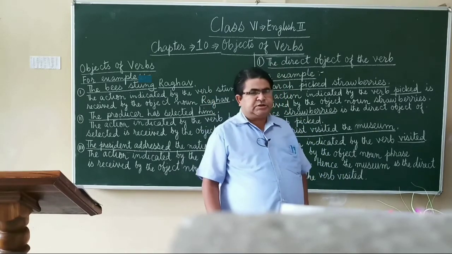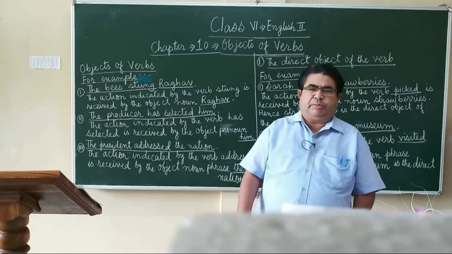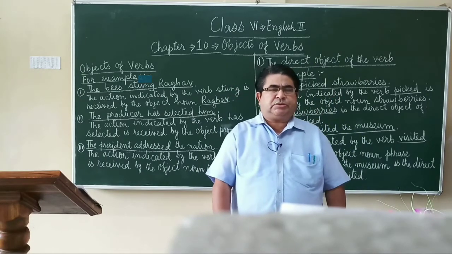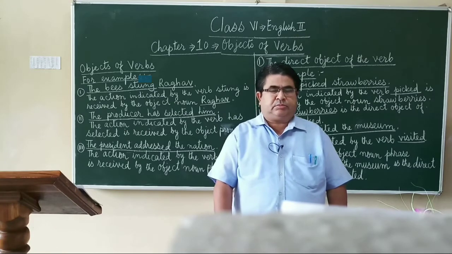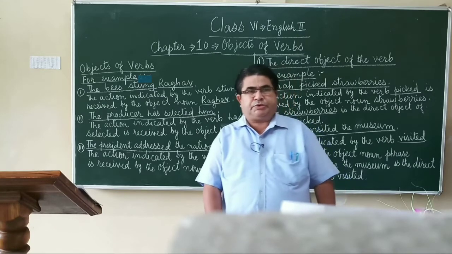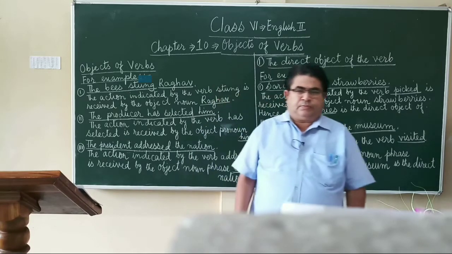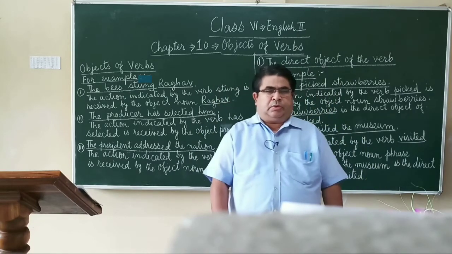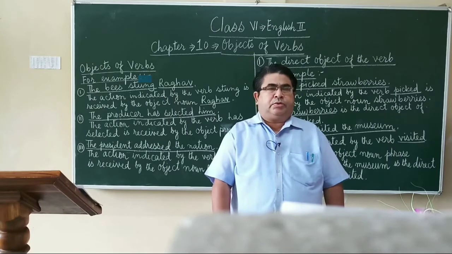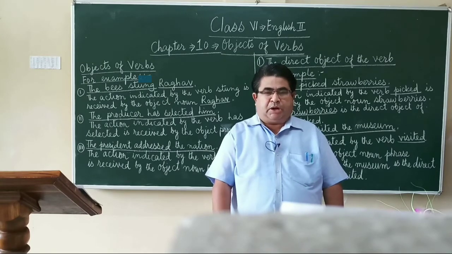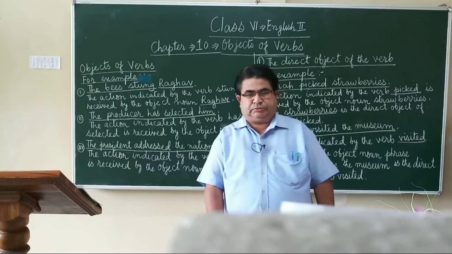Children, let us come to the main topic of the class, objects of verb. Very often we are confused about the concept of objects of verb, but it is very easy if we know the rules.